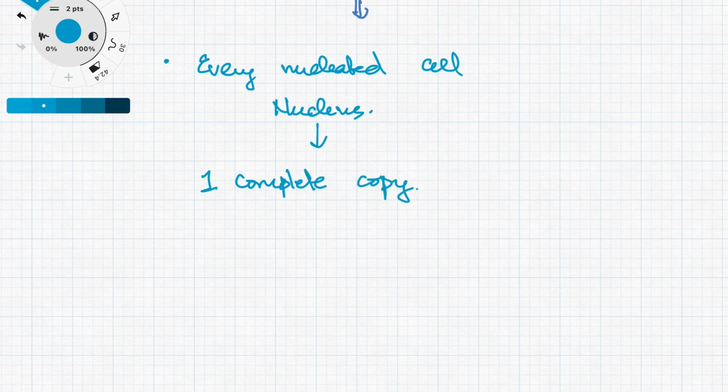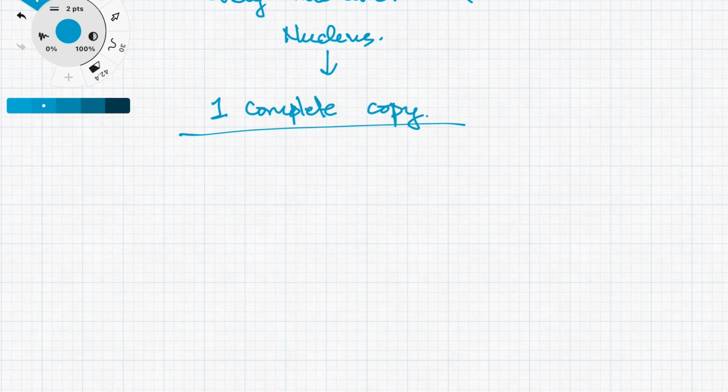So each cell has its own complete copy, but still each of the cells is different from the others, right? So the liver cell is not the same as the bone cell or the brain cell. So how does this work? Even though they have complete information that makes up the entire organism, they still use only part of that information, and they differentiate into cells of specific function and form.